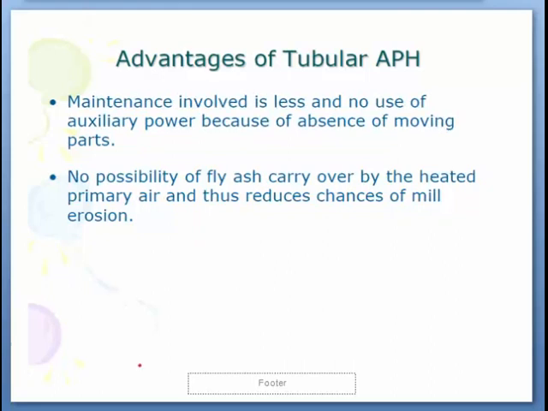And second very important thing is that there is no possibility of fly ash carryover by the heated primary air or secondary air, and thus it reduces the chance of mill erosion.